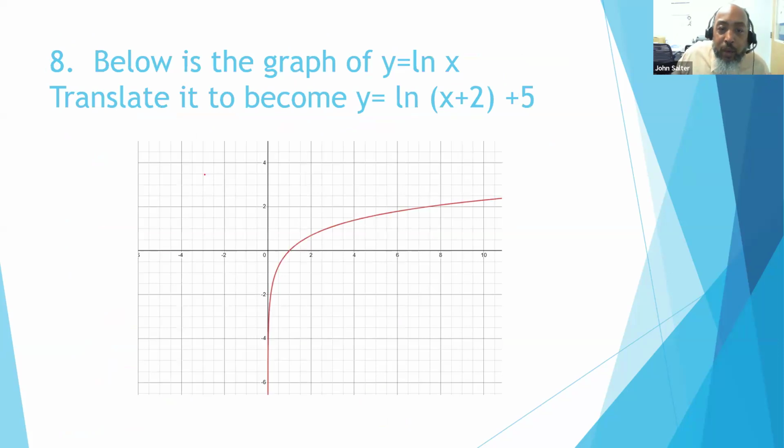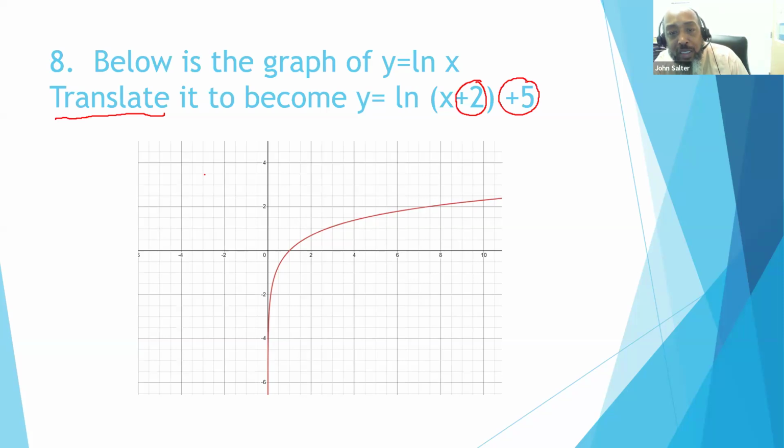Below is the graph of y equals ln of x. Translate it to become y equals ln of (x plus 2) plus 5. All right. So they told me what I was going to be doing. I'm doing a translation, not a reflection or a rotation. Translate means I'm sliding. And the things that tell me what to do are the things that are being added or subtracted.